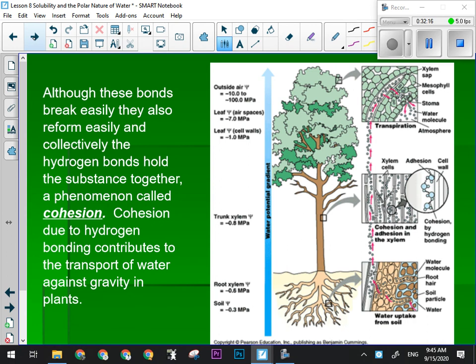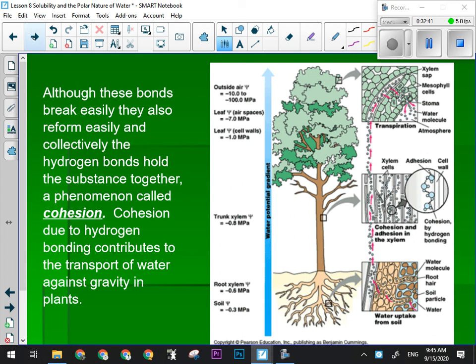So in a plant, especially a tall tree, water has to be transported from the roots to the leaves. In a really tall tree, that can be over 100 meters. The plant expends no energy to do it. Plants use no energy to transport water from below ground to the top of their leaves.